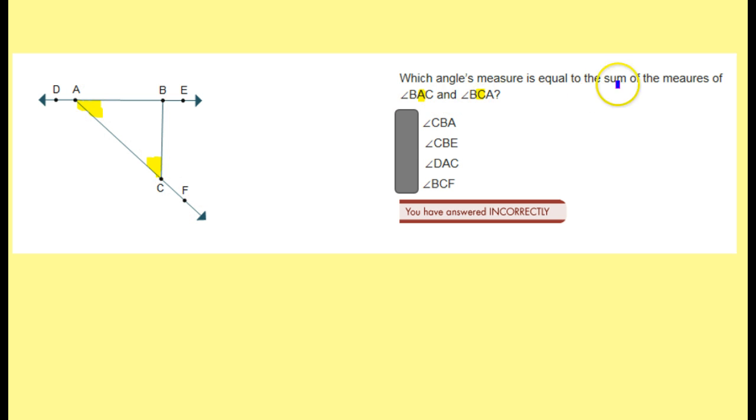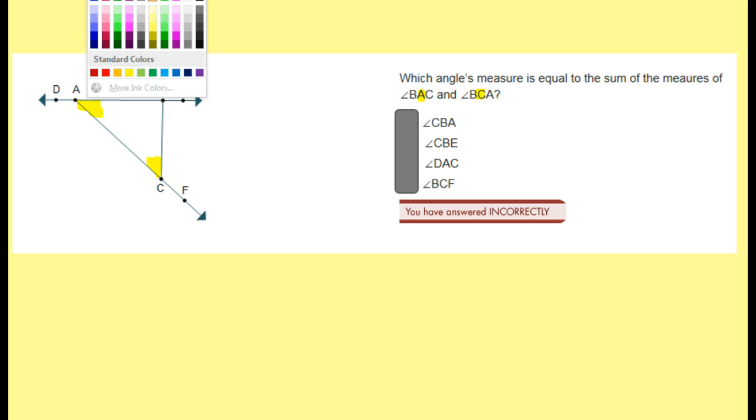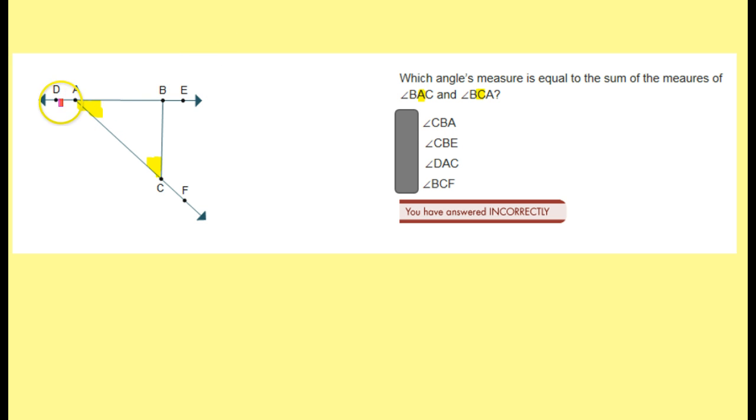The sum of those two angles should equal what other angle? These are two interior angles, so we're asking what is the exterior angle that's on the other side of them. We've got exterior angles here, here, and here.